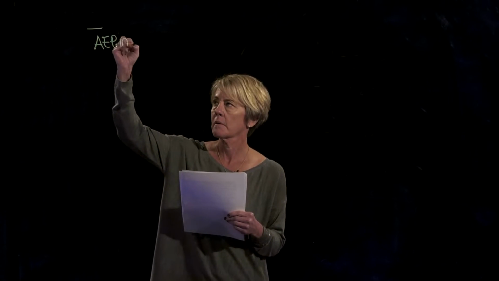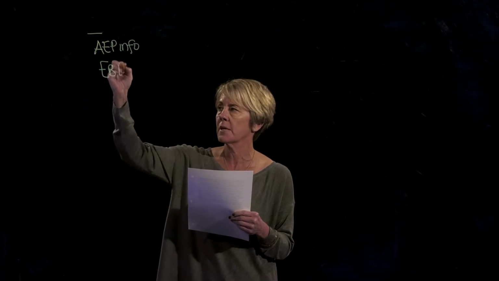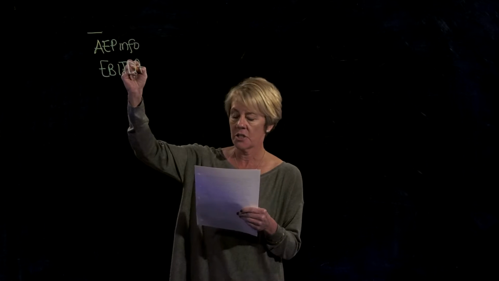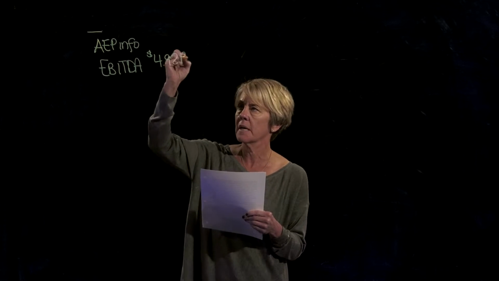And then we're going to look at what price range is consistent for both sets of multiples. So the information that we know about AEP is, first of all, that EBITDA, which is earnings before interest, taxes, depreciation, and amortization, is $4.92 billion.